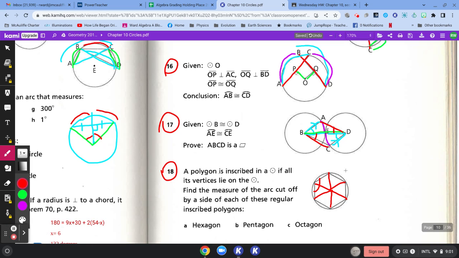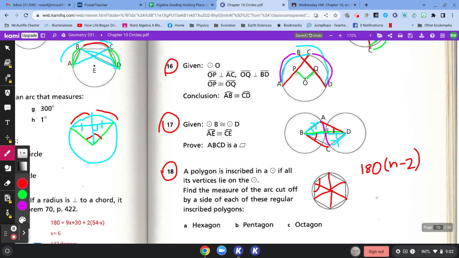The total degrees inside any polygon are going to be 180 times the number of sides minus 2. That means the degrees of a hexagon are going to be 180 times 6 minus 2, or 180 times 4, which is 720 degrees.